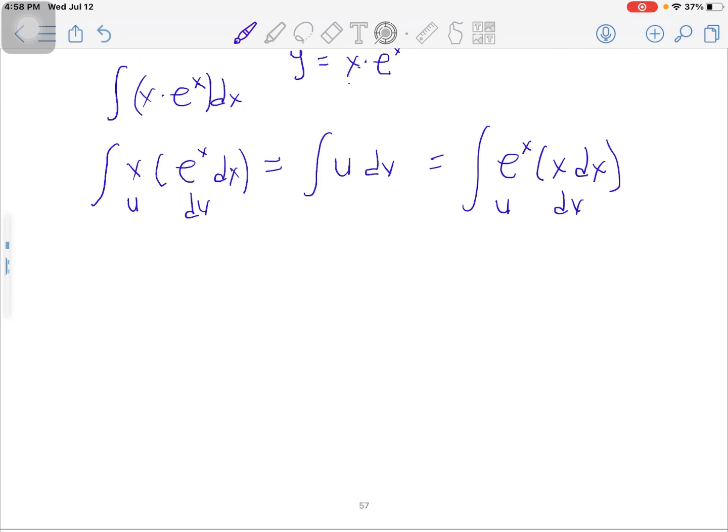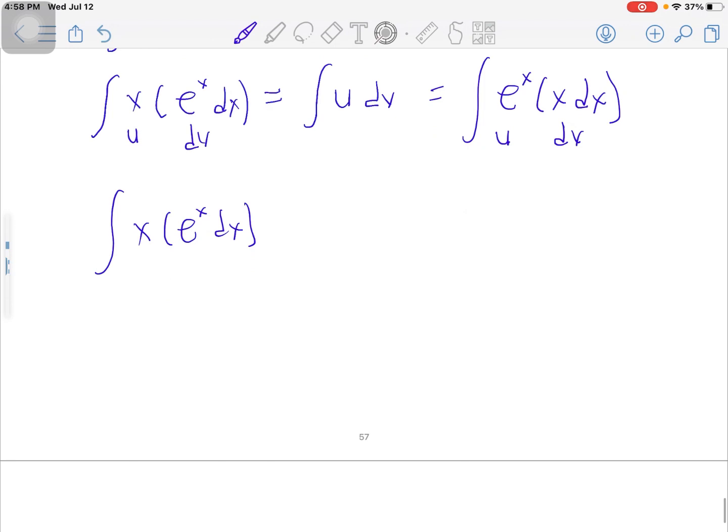So in this case, assuming we are making x exponent x dx over here, we can say that our u equal to x and then our dv equal to exponent x dx, as I was explaining over here.